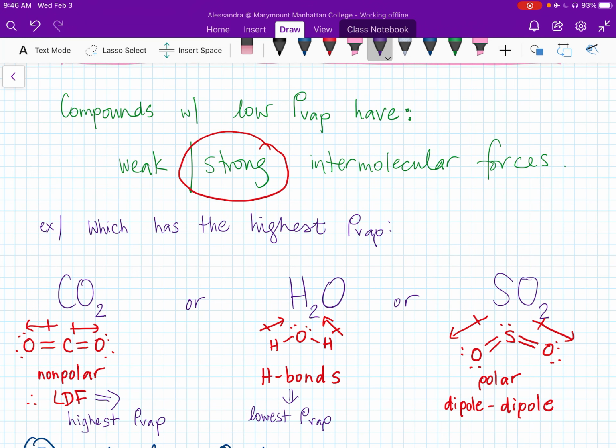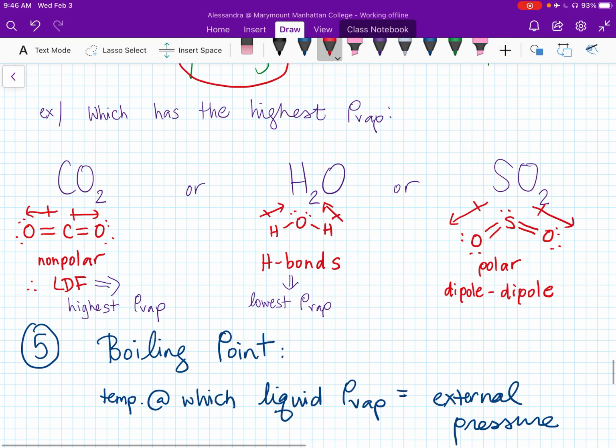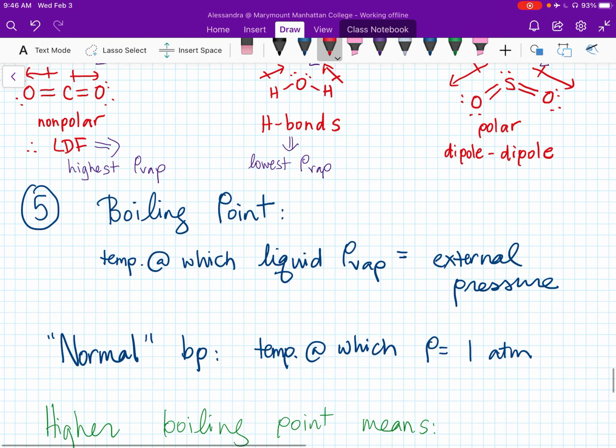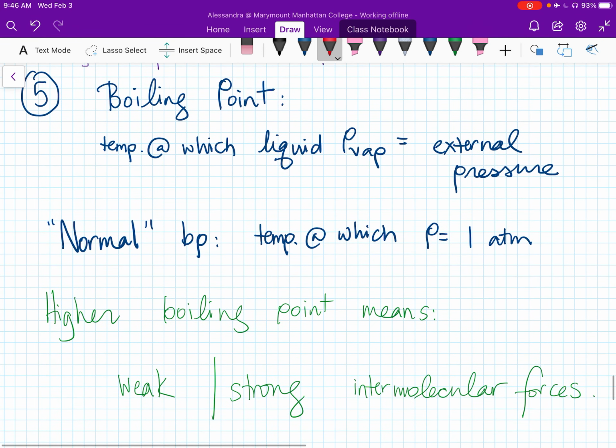All right, so now let's move on to a related concept, the 5th property of the liquid state that we're going to talk about, which is boiling point. Now, different liquids have different boiling points, and you probably have conceived of the boiling point as the temperature at which a liquid boils, at which a liquid goes to vapor.